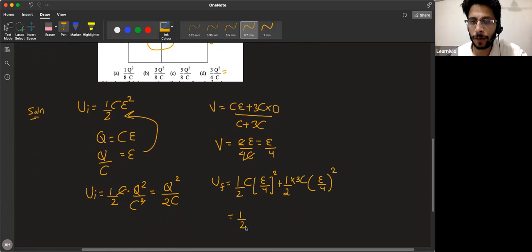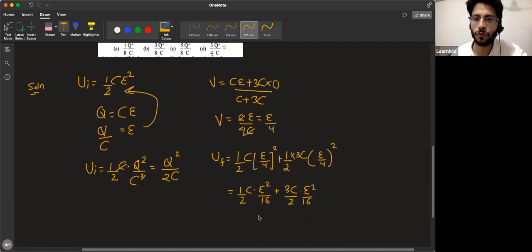So it's half C into E square by 16 plus 3C by 2 into E square by 16. If I take this as common, the denominator will have 32, and the numerator is 3 and 1, 4. 4C E square by 32. If you cancel them out, it's C E square by 8.